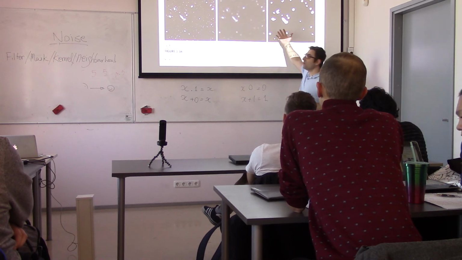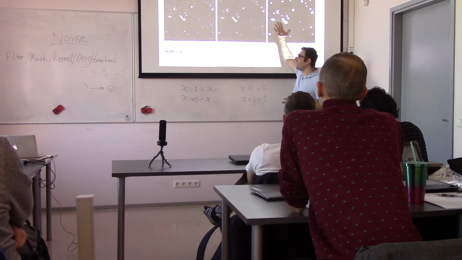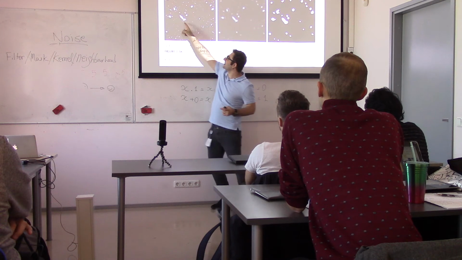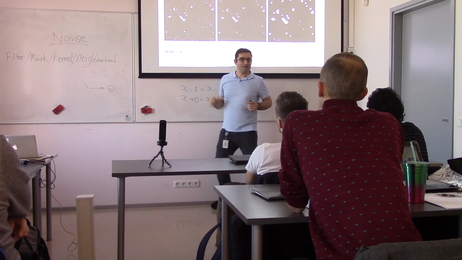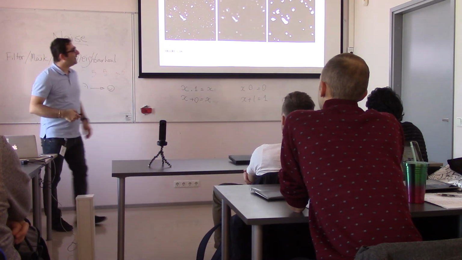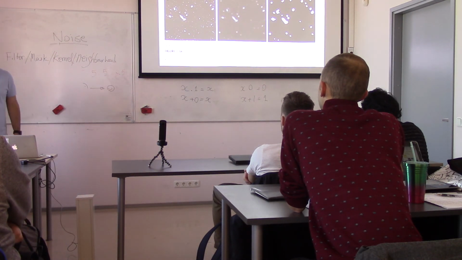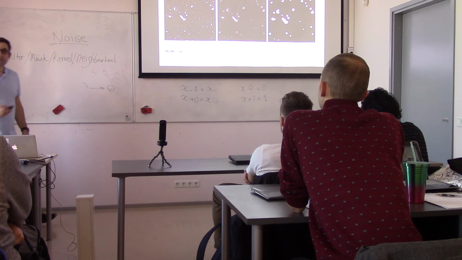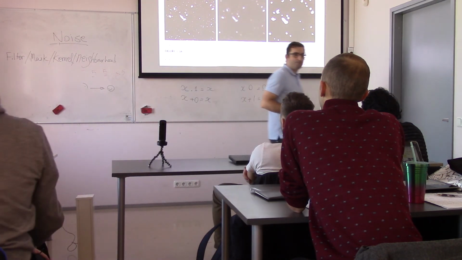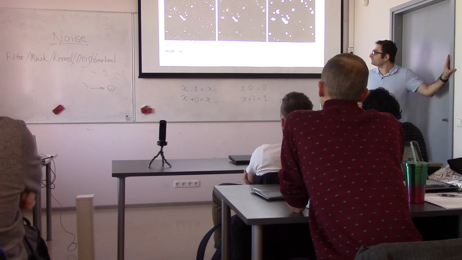So I have a new mask, and if I put it on top of this image, I can see that I'm deleting so many of these things. So I will be left with a very beautiful image in front of me. So this is also a very good application of a blurring mask.